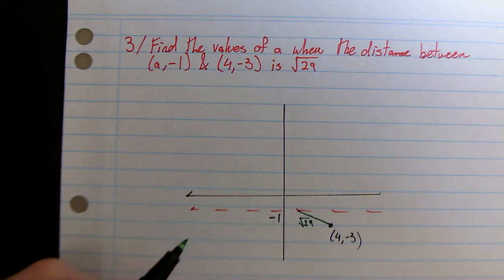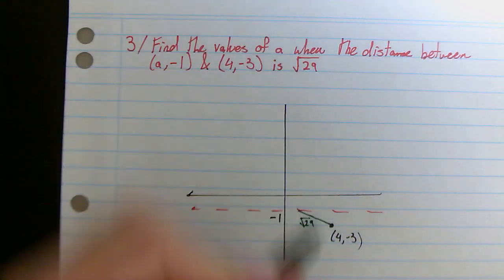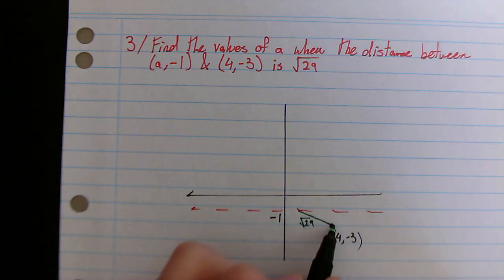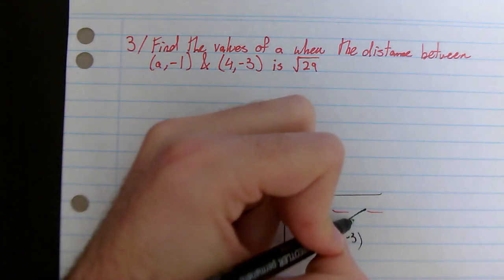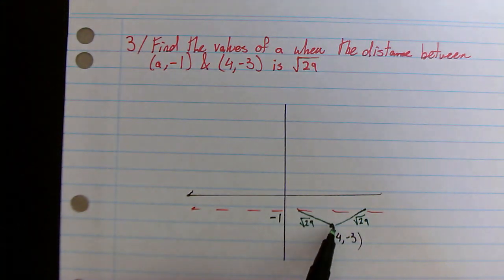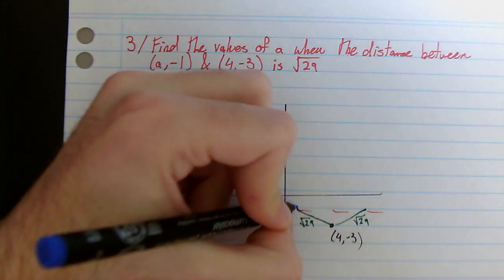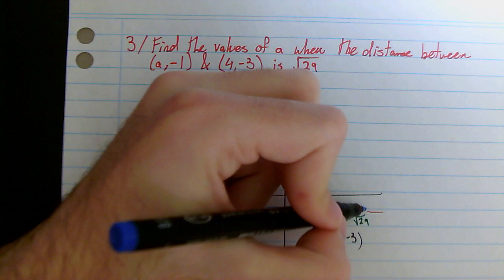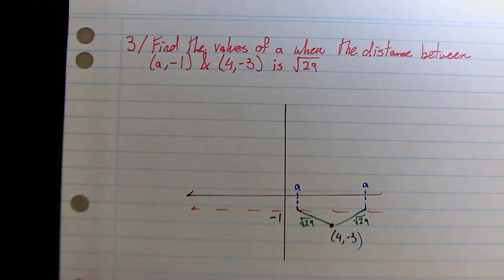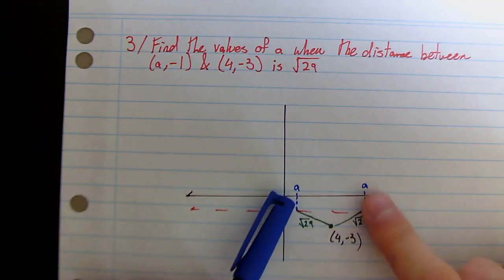Well, by a similar argument you can extend out the other way, at such an angle that you can make root 29 also equal to this distance here. What we can see is that we've got 2 values of a. We can have this value of a here, or we can have this value of a here. So we can have both. The moral of the story is that we're going to have 2 values of a.